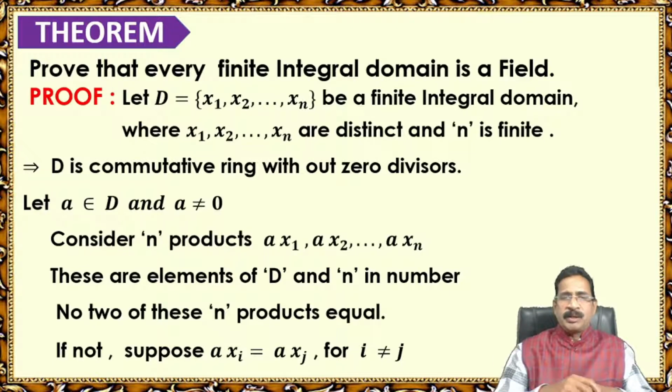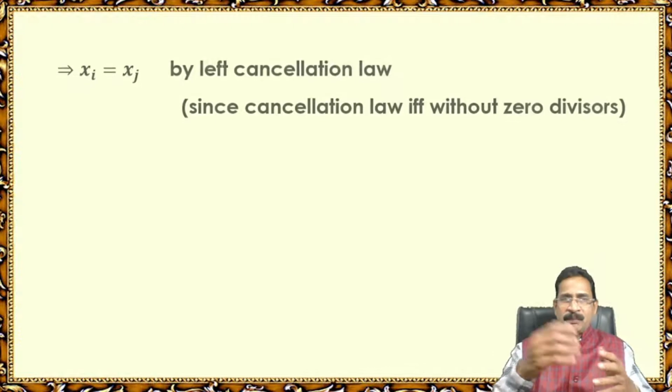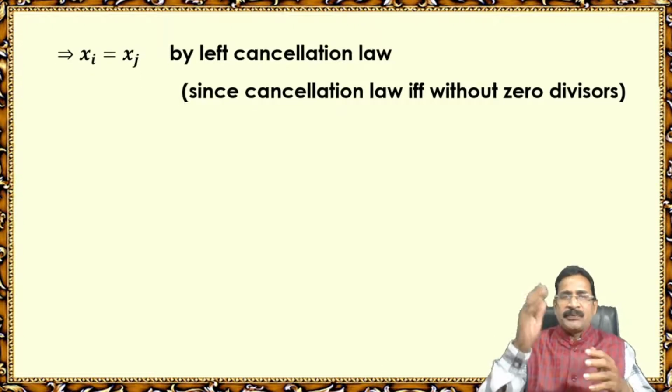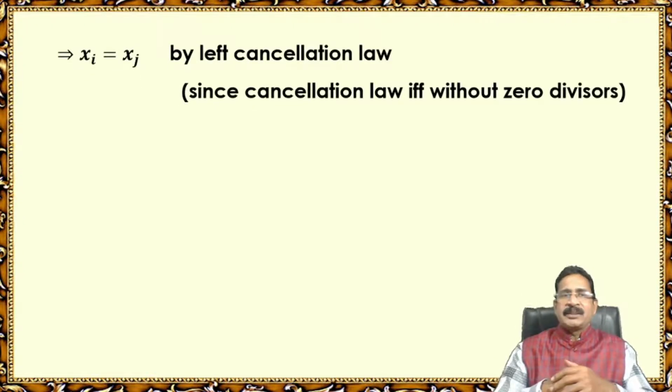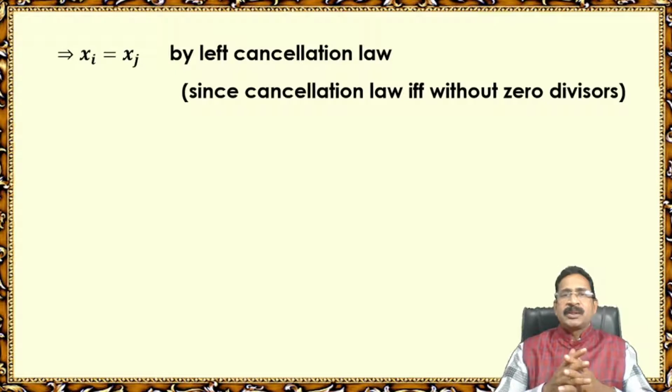If possible, suppose Axi is equal to Axj for i not equal to j. Now, what will happen? By left cancellation law, A gets cancelled. Because in earlier classes, we proved cancellation laws hold if and only if R is without zero divisors. So using that left cancellation law, you get xi is equal to xj.